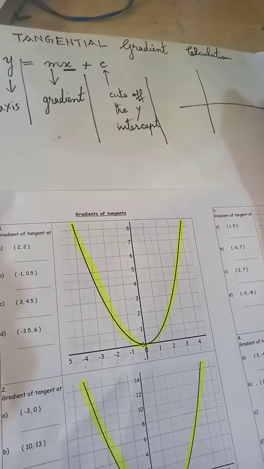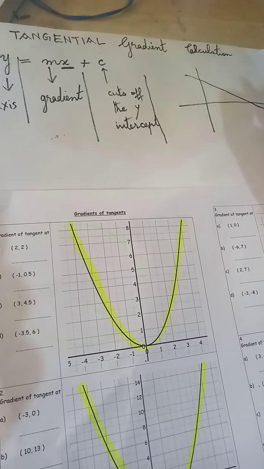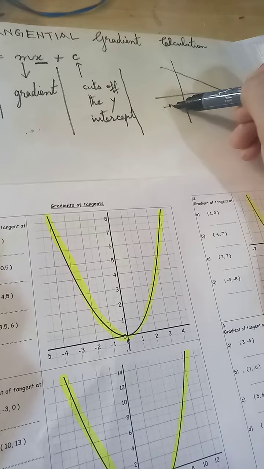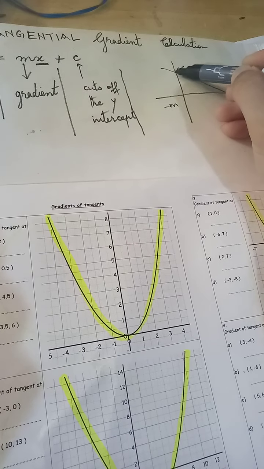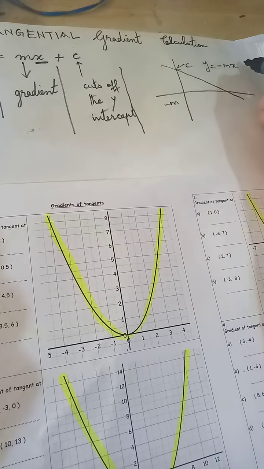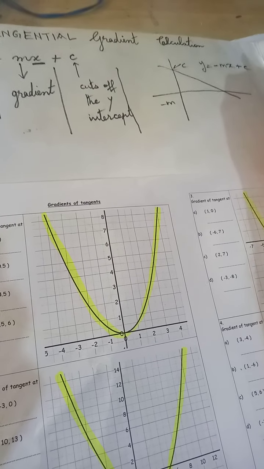Generally, in a linear equation, if something's like this, then the gradient would be negative. It'll be minus m. This would be the c, and it'll be y equals minus mx plus c. If it's an equation that looks like this, then it'll be y equals x.